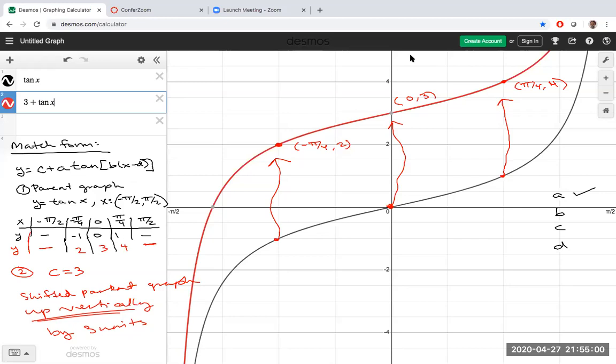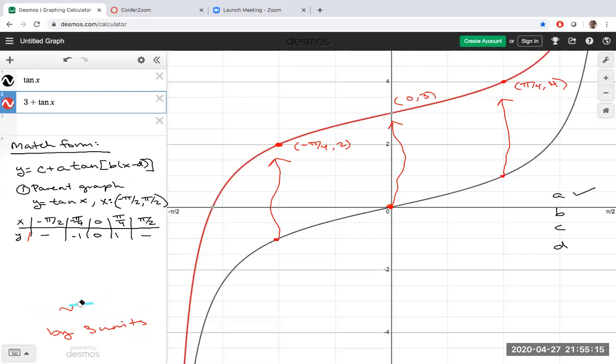Let me clear this bottom part. So C is also covered.